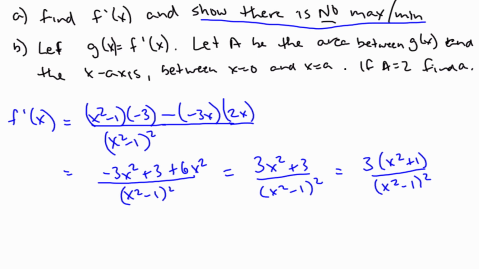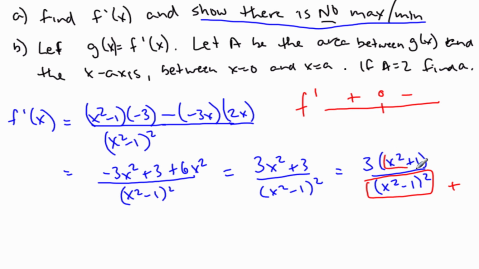Well, in order for there to be a maximum and minimum, my derivative has to be 0 somewhere, and it's got to change from positive to negative or vice versa. That's when there is a maximum or a minimum. Well, if I analyze this function here, I know the bottom part of this function is always positive because it's squared.